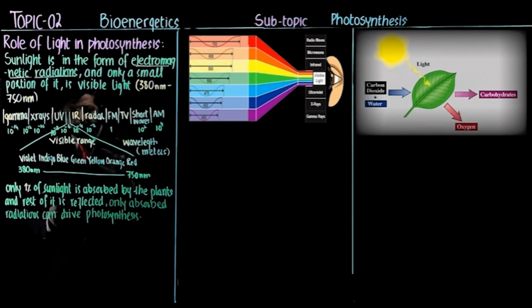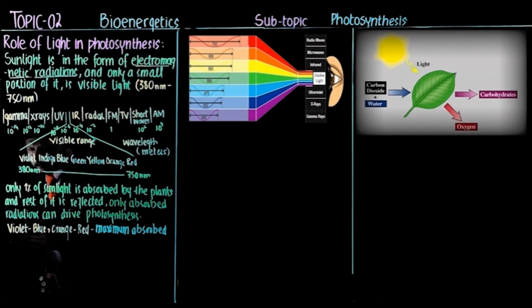Clear? Among this range, violet and blue to orange to red. These four portions, 1, 2, 3, and 4, are maximum absorbed by the photosynthetic pigments.